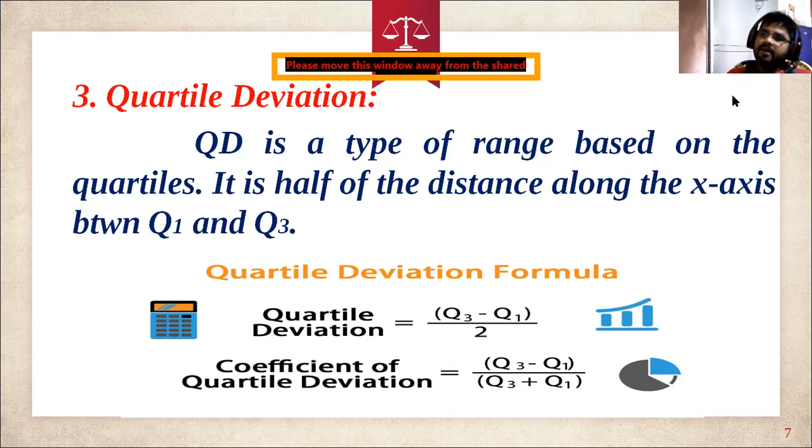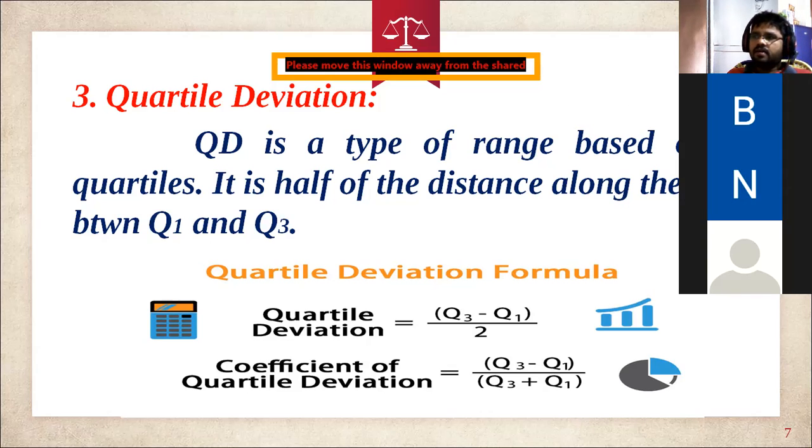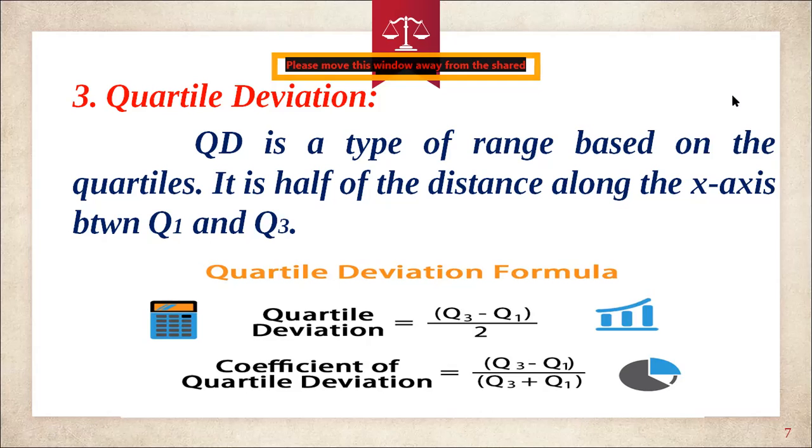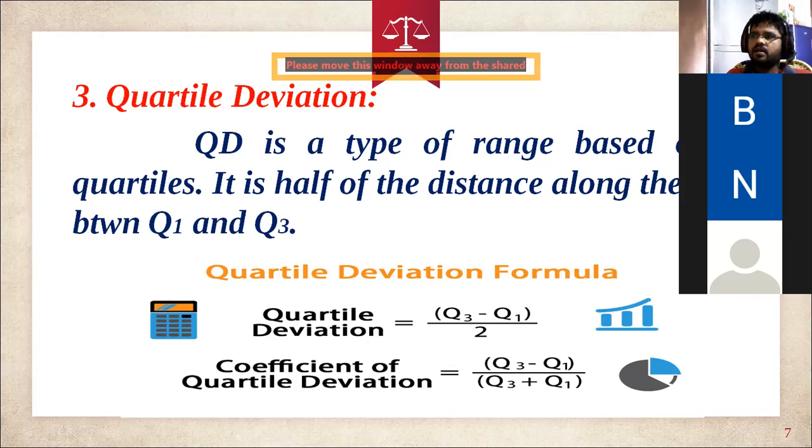Quartile deviation formula is, see, this is the formula of quartile deviation: Q3 minus Q1 divided by 2. That is the formula.